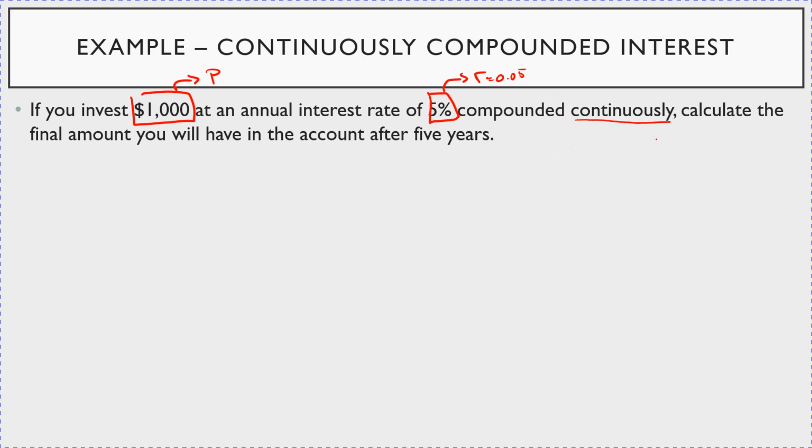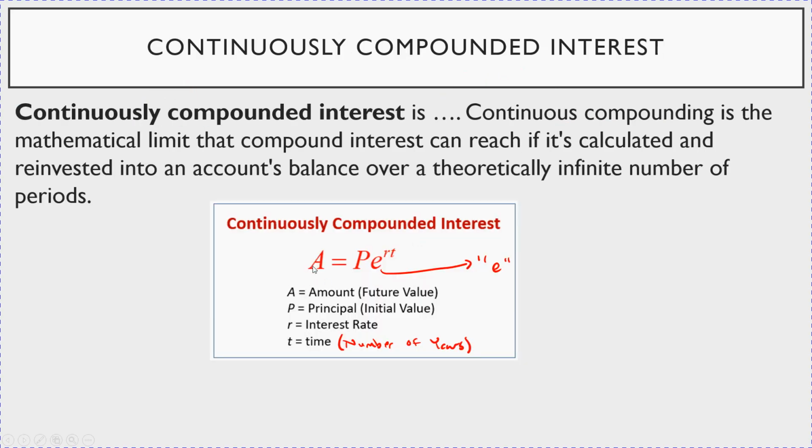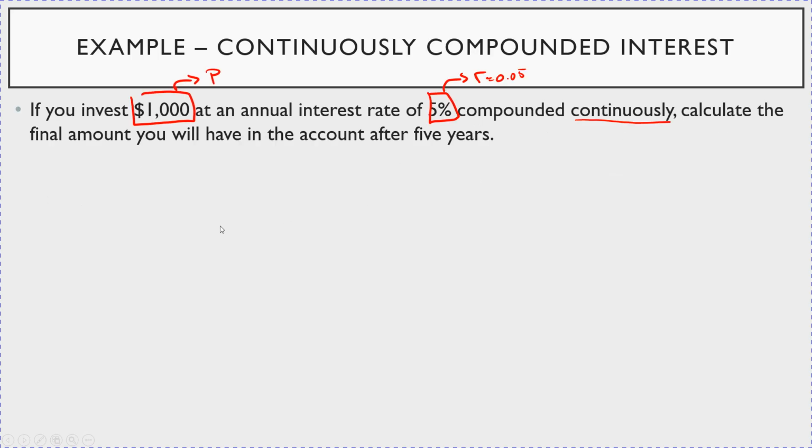Whenever you see the word continuously, compounded continuously, you're going to use this formula: A is equal to P times e raised to the rt power. Calculate the final amount you will have in the account after 5 years.